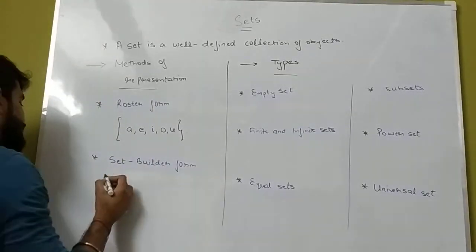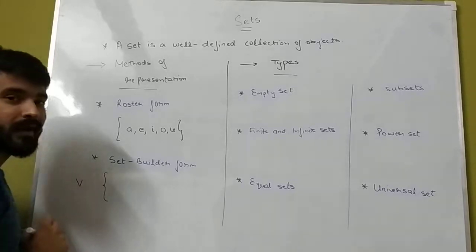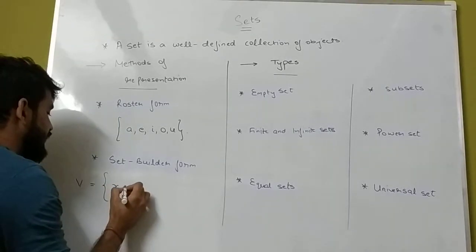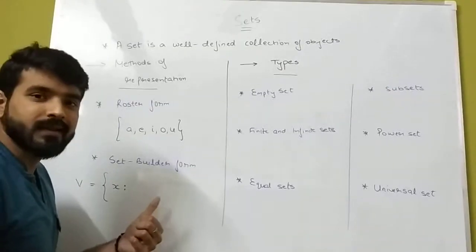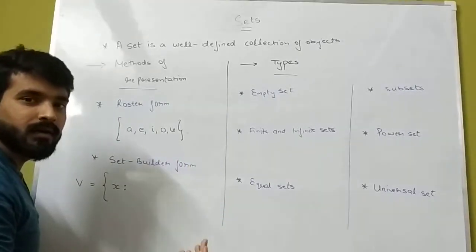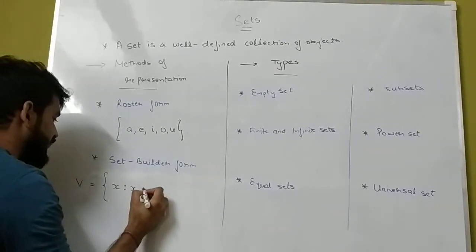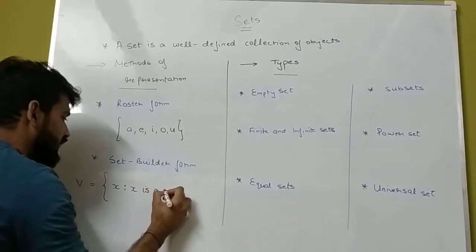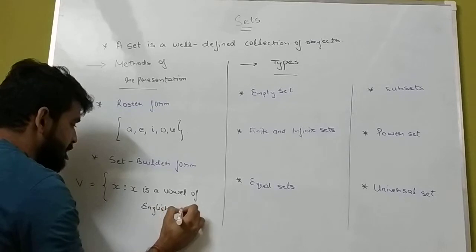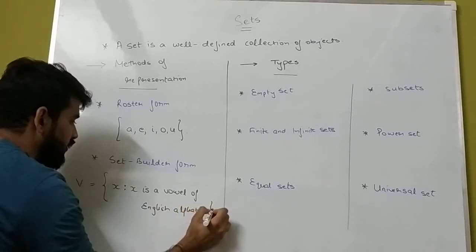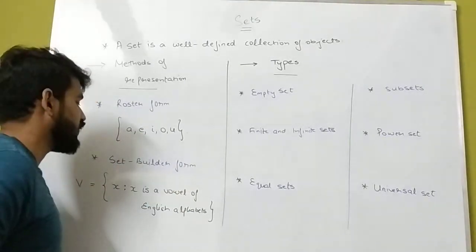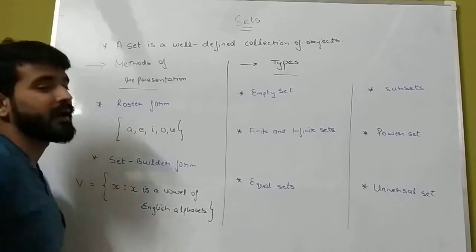For example, let's say I have a set represented by capital V. Now a set V will be defined as, let's say, X, where X is an element of the set V. X will obviously possess a certain quality: X such that X is a vowel of English alphabets. Obviously in English alphabets we have a certain number of vowels, which is A, E, I, O, U, and this representation is named the set builder form.